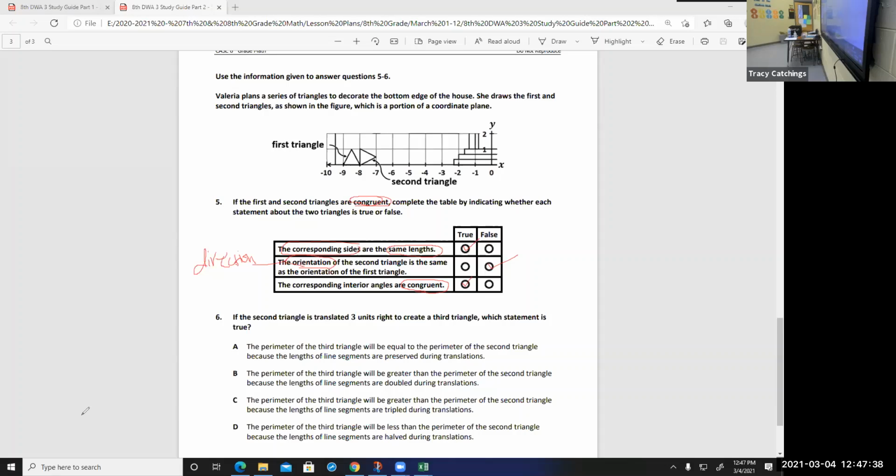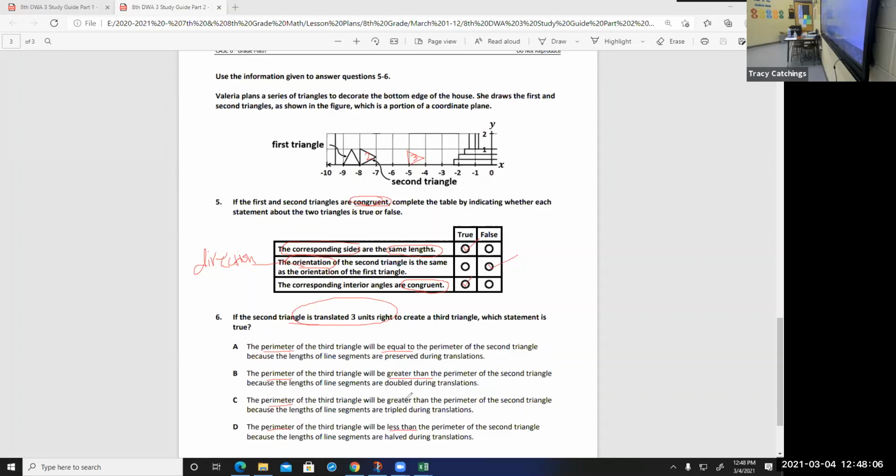All right, the second one said, if the second triangle is translated 3 units to the right to create a third triangle. So I'm going to do that. 1, 2, 3. So this will be triangle 3. Looking at these statements, they're talking about the perimeter. Will perimeter 3 be equal to perimeter 2? Would it be greater than perimeter 2?